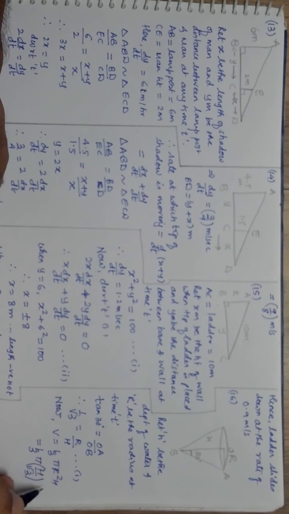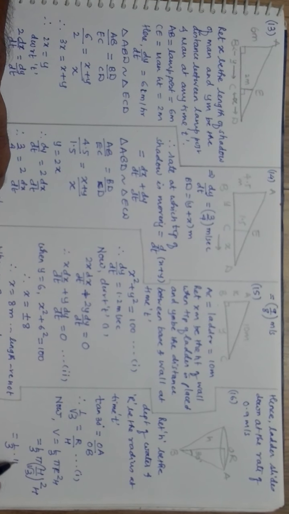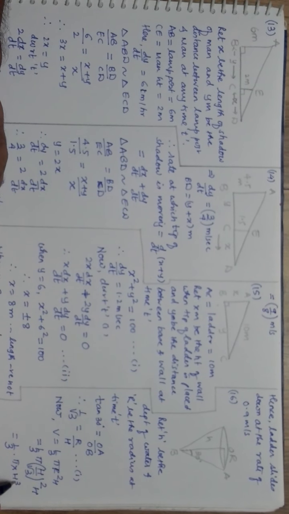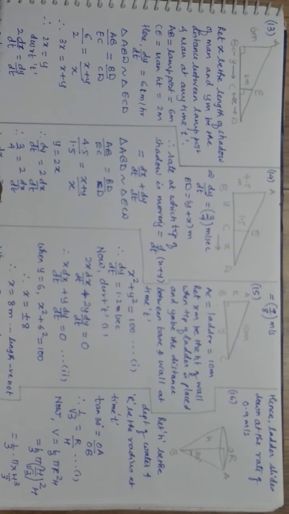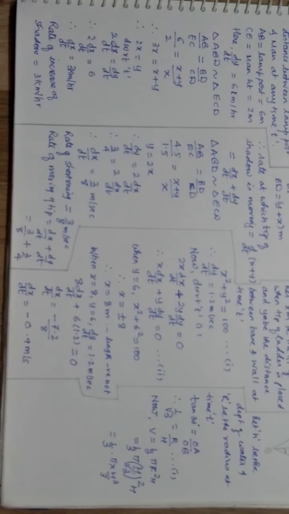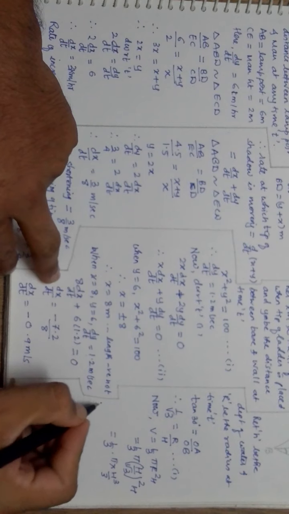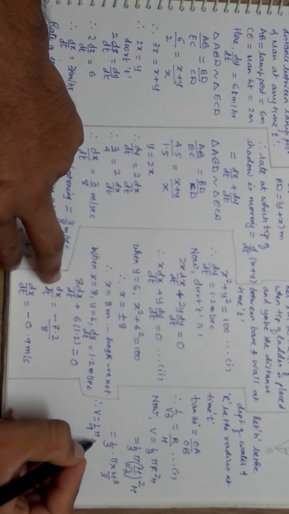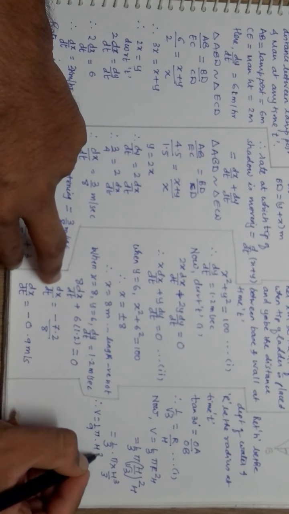That is your R, which will become square into H. So that is equal to 1 by 3 into pi into H cube by 3. Is it correct? Because it is H square into H. So finally V is equal to 1 by 9 pi into H cube.